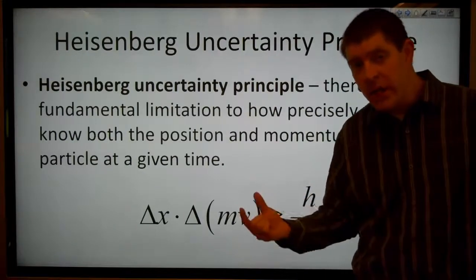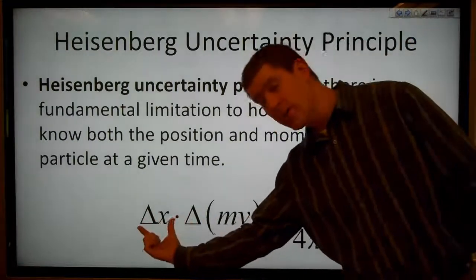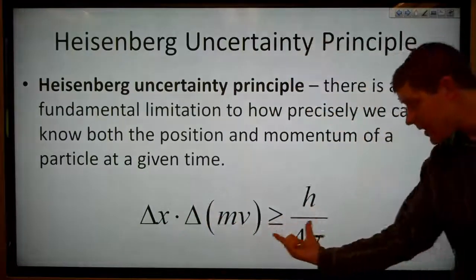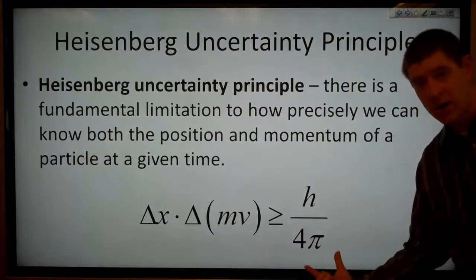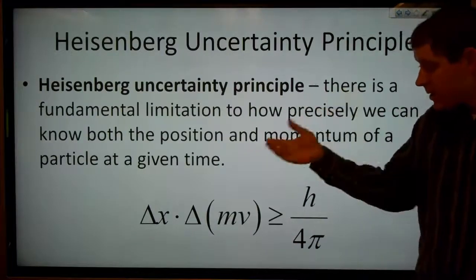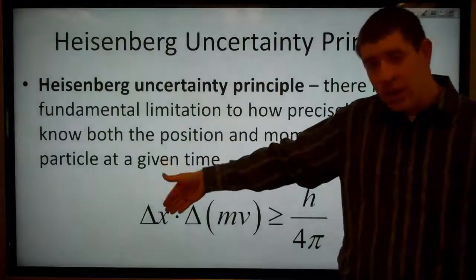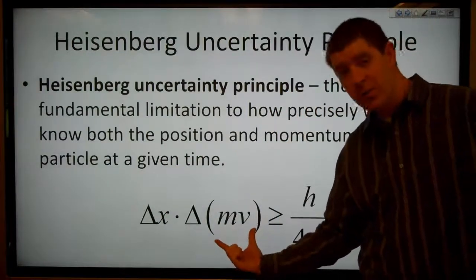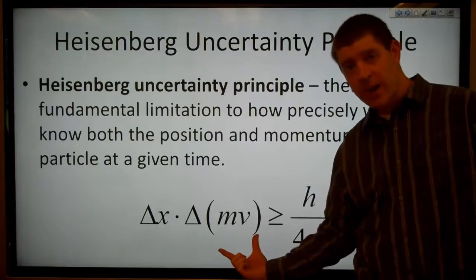Because if we know them exactly, then we have no uncertainty, and that means the value here would be 0, and the value there would be 0. Well, 0 times 0 is less than this quantity. We can't have that happen. So what Heisenberg's uncertainty principle says is, the better you know the position, where your particle is, the less well you can possibly know the momentum, and vice versa.